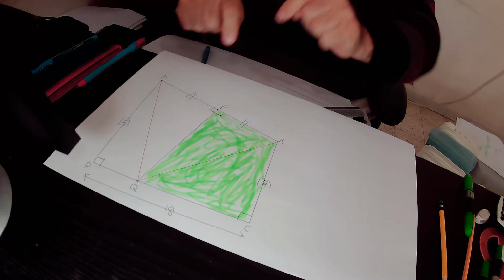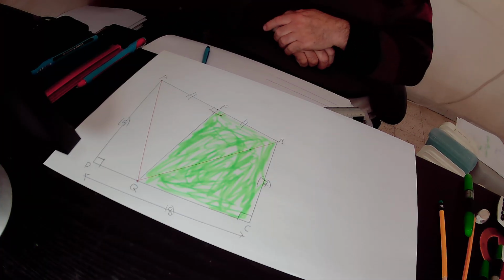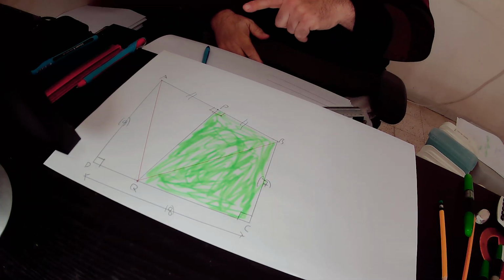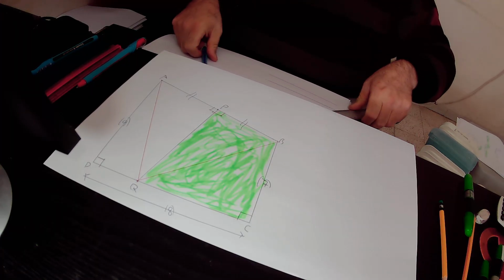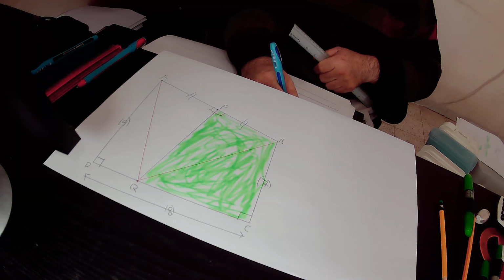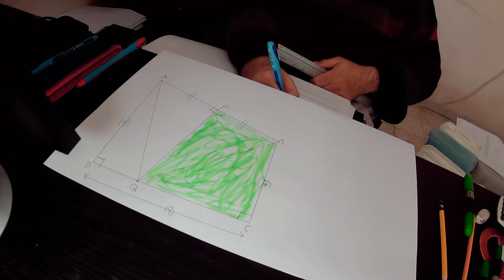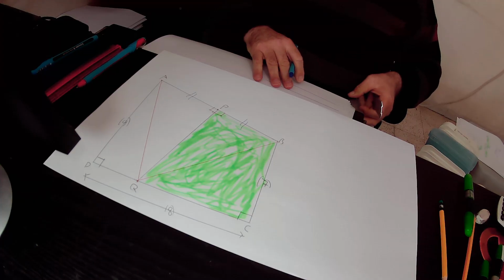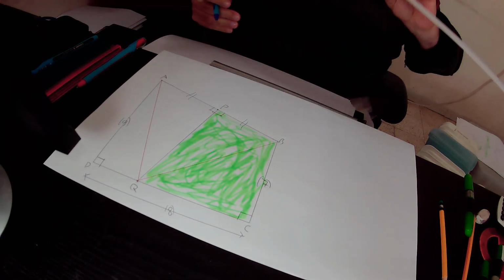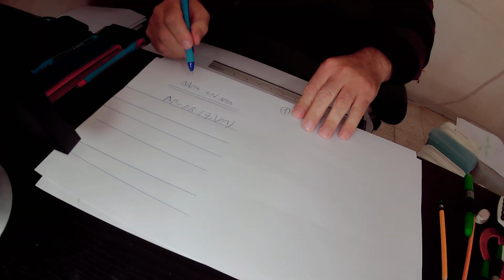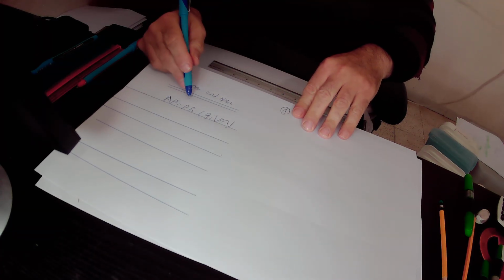So why are those two right triangles congruent? First of all, according to what is given in the question, side AP of the right triangle equals side PB of the green triangle.